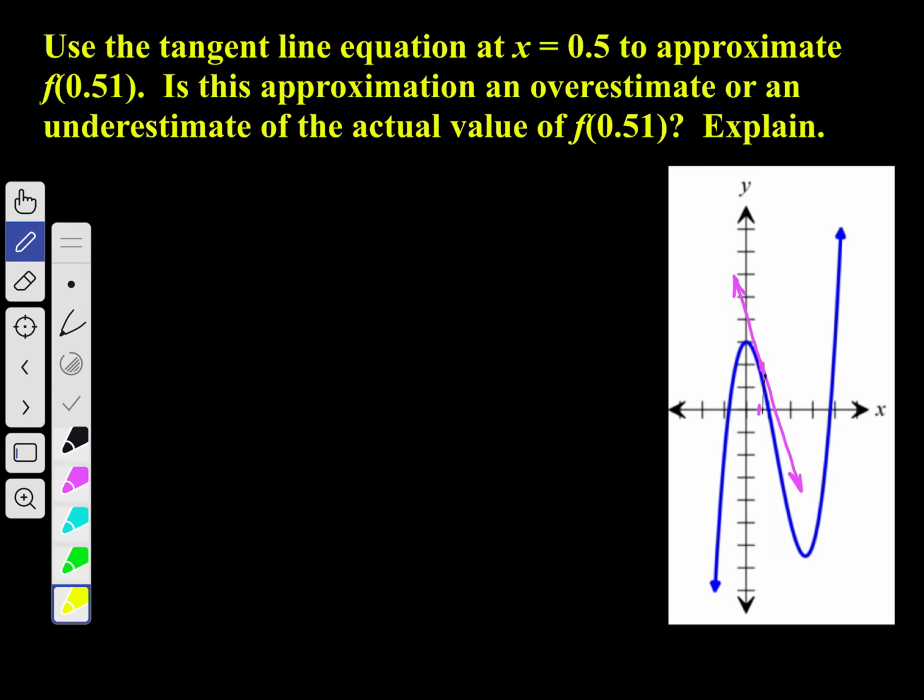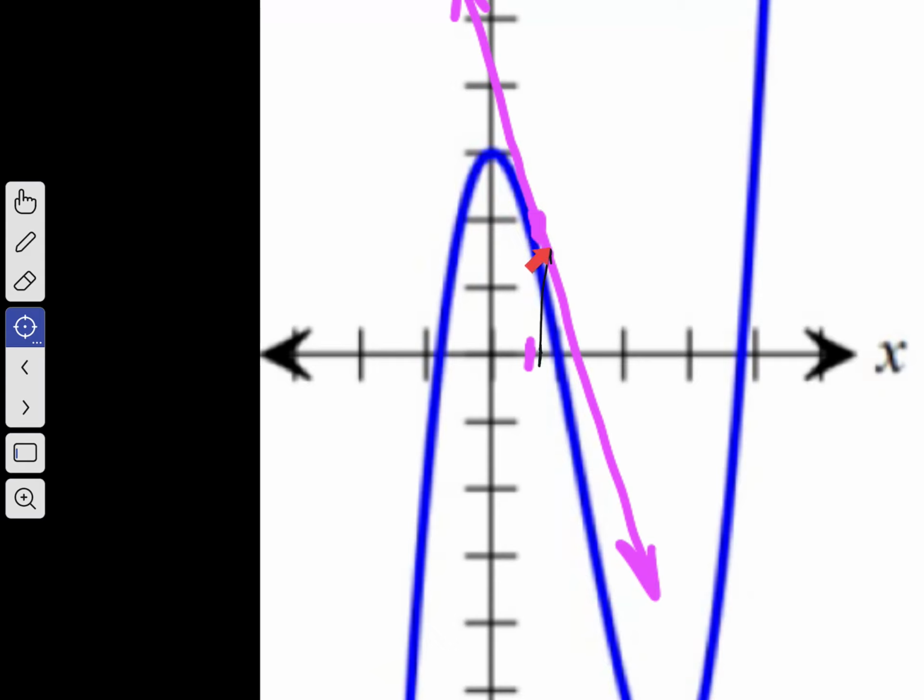Again, the tangent line at 0.5 is right here, and it is above the graph. If we use that to approximate the value of the function, it's a little bit above. I had to really zoom in to see that little tiny bit of white right in there. This is going to be an over approximation. It's a good approximation, but it's just going to be a little bit above.